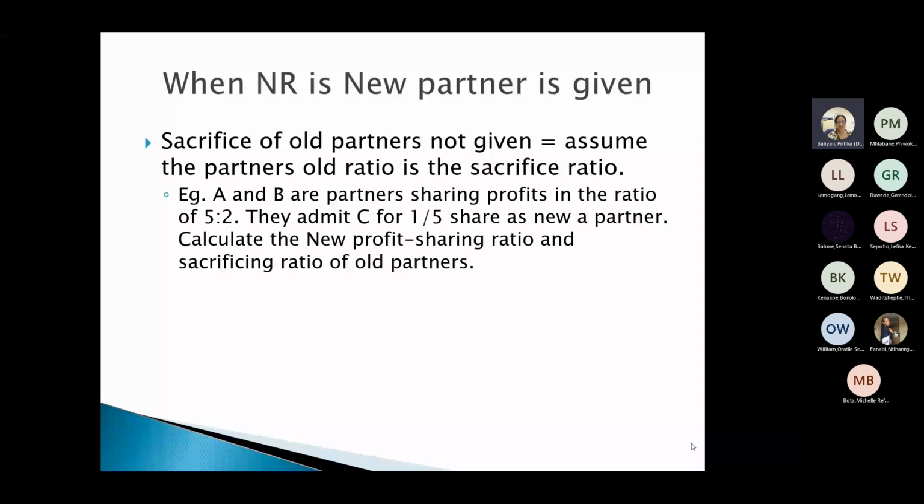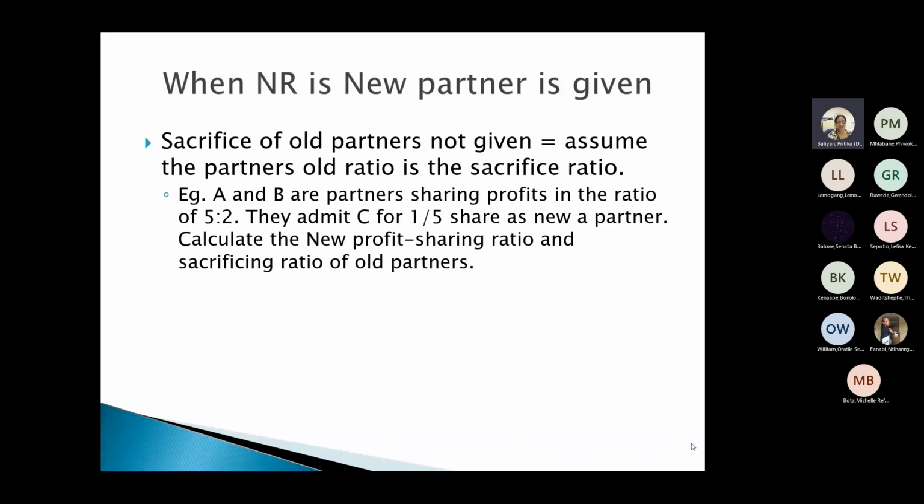A and B are partners sharing profits in the ratio of 5:2. They admit C as a new partner with the proposed ratio of 1/5. On the basis of this information, we need to calculate the new profit sharing ratio and also the sacrificing ratio of the old partners.